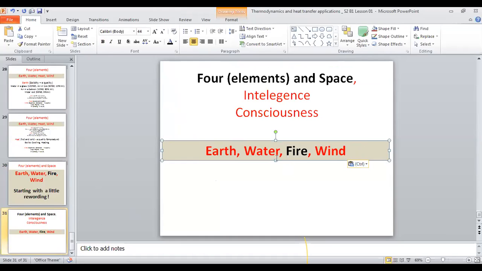Sometimes it's a fire, almost possible. Something like a heat with very high temperature. Anything can be burned means it's a fire. And it's a source of heat. So anyway, earth, water, fire, and wind.